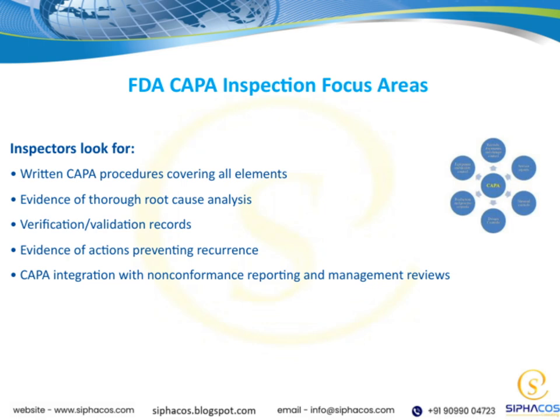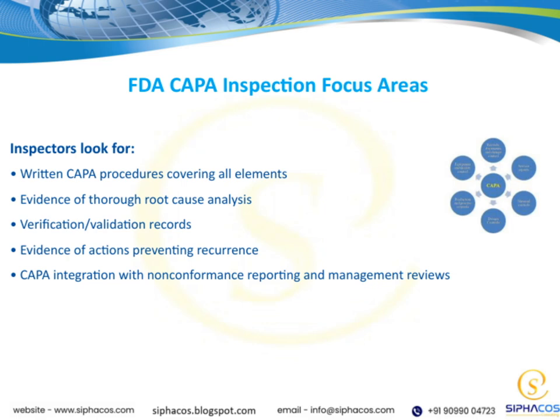Finally, they check how well your CAPA system integrates with nonconformance reporting and management reviews. A truly effective CAPA process is interconnected and supports overall quality management. Remember, these focus areas tie directly into the bigger picture of maintaining product quality and regulatory compliance, which is the core theme of this presentation.